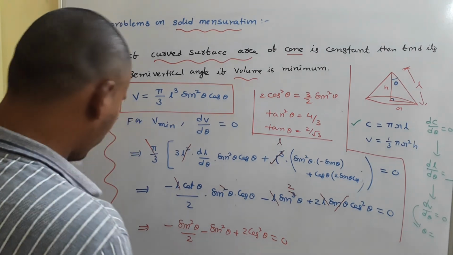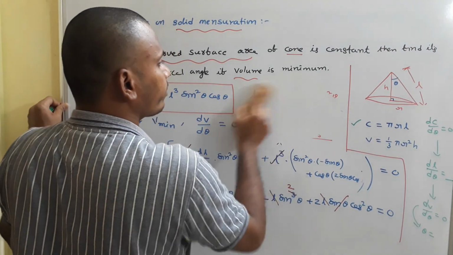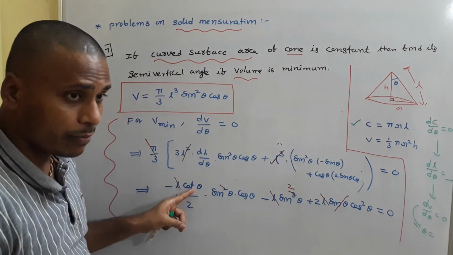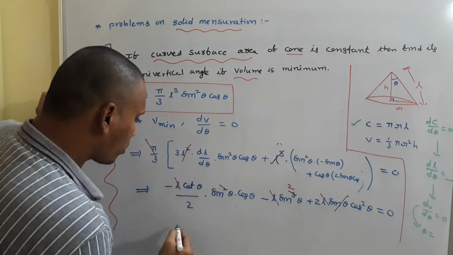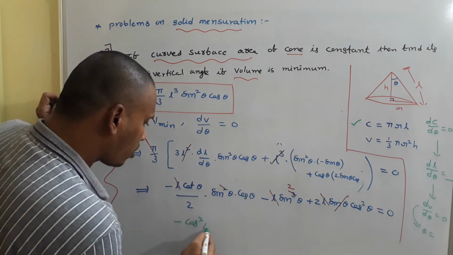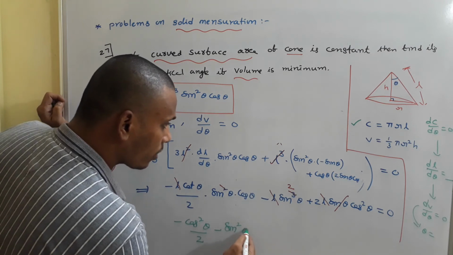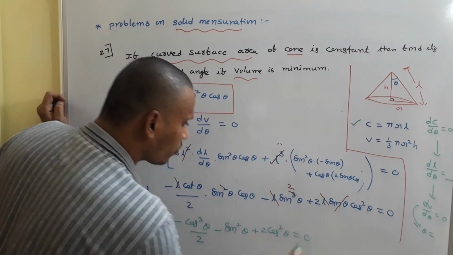Okay, just again a small correction, right? This is cot theta, means cos theta by sin theta. Sin theta gets cancelled. So cos theta into cos theta is minus cos square theta by 2. And now minus sin square theta plus 2 cos square theta. That part is equals to 0.